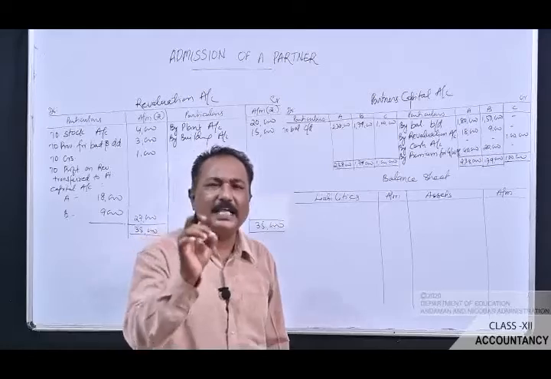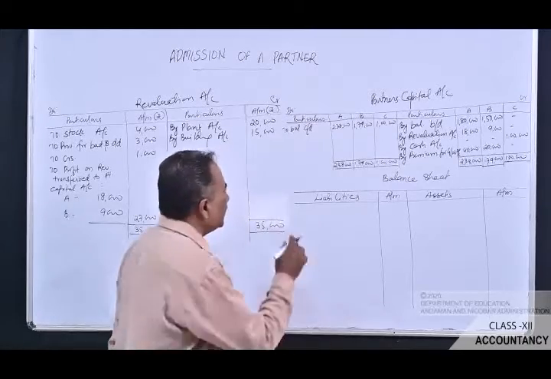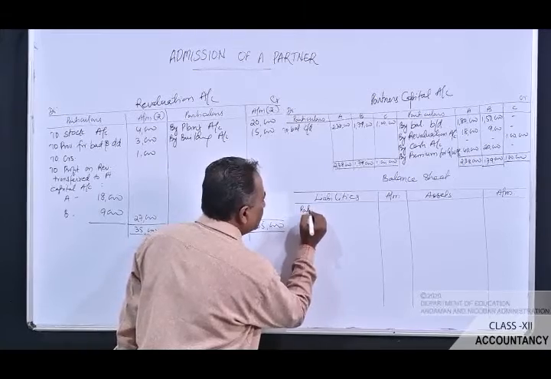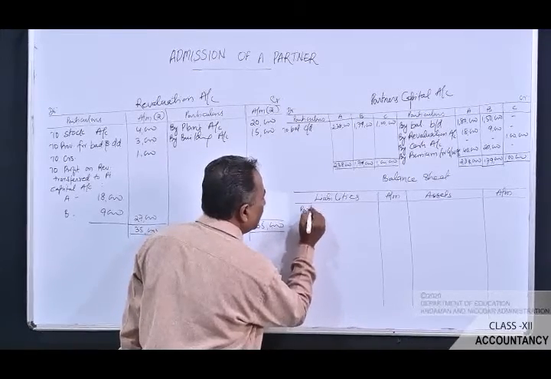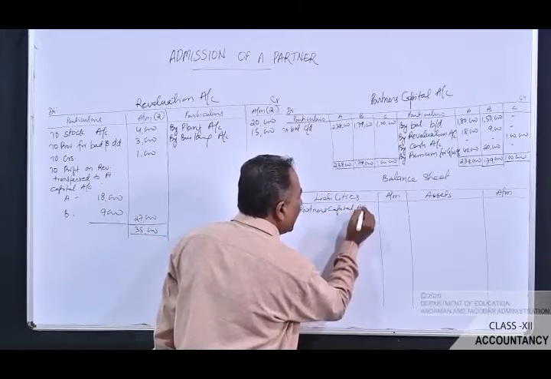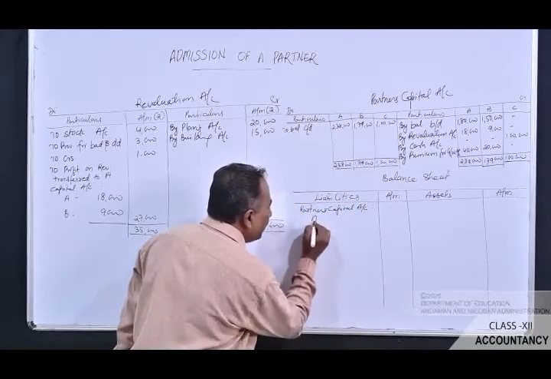Now the very first thing that has to be recorded here is the partners' capital. So write down here as partners' capital account. Now see, there are three partners.